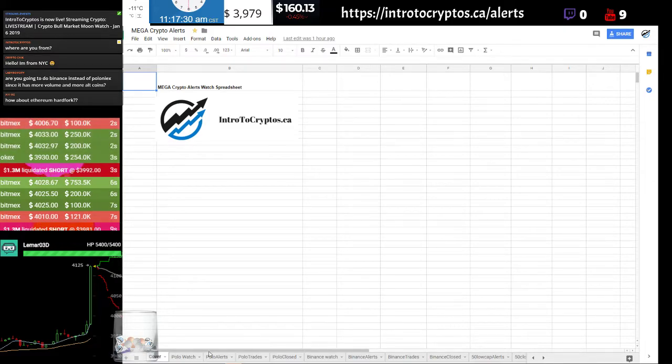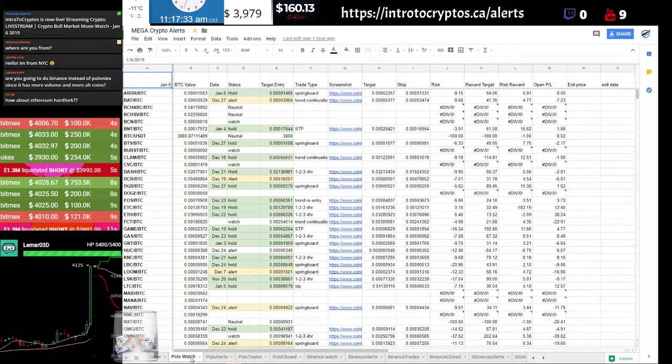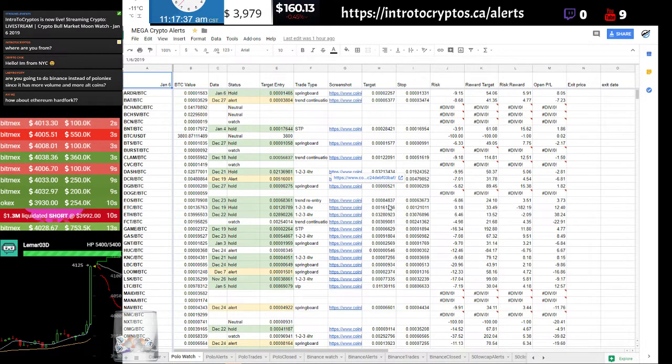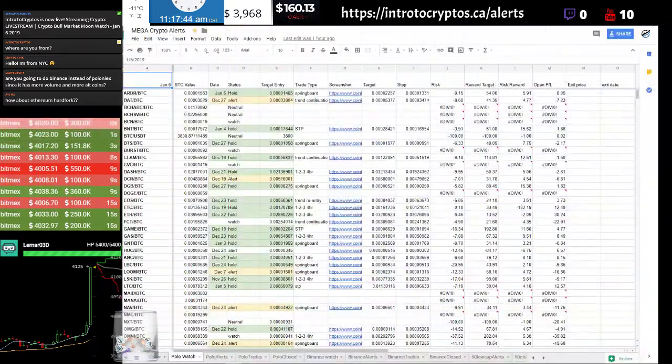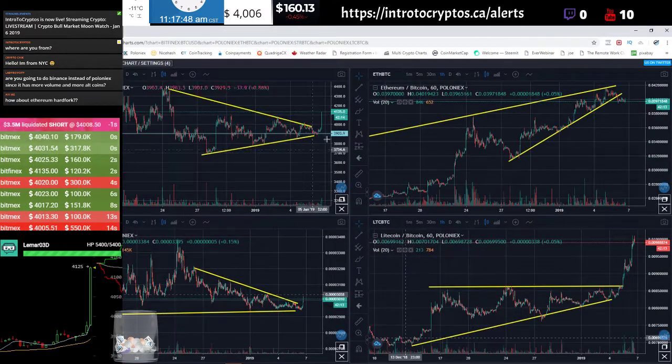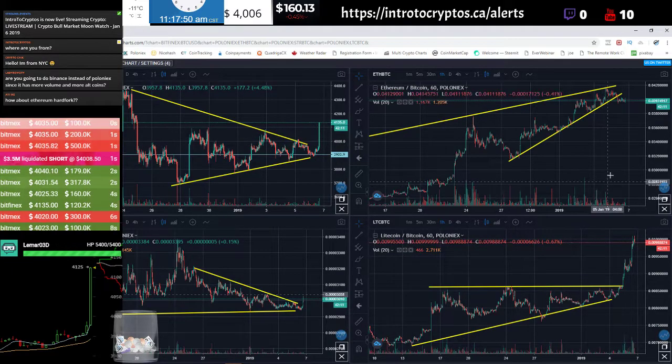So to answer that question, I do the Poloniex watch, and I do it generally just for this one online because, wow, look at Bitcoin go. So here we have Bitcoin taking off.